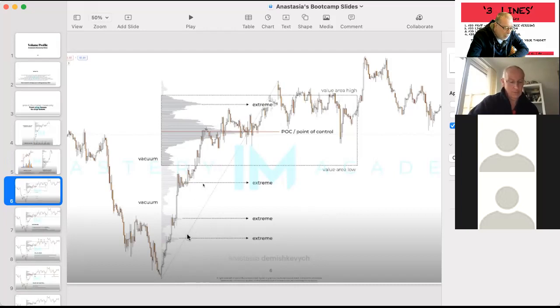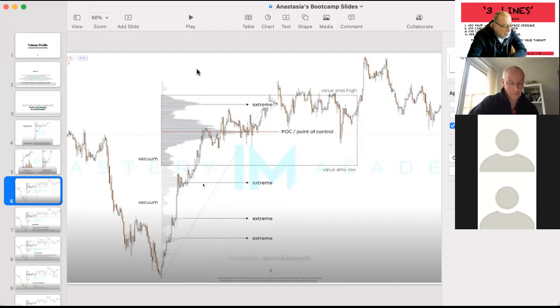It's done nothing but go up. Obviously price doesn't go up in a straight line, but there's a lower low, if you like, and there's a higher high there. And she's simply taking the volume profile for the price activity that went on between that candle there and that candle there.